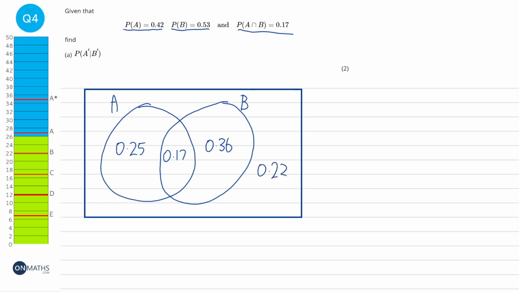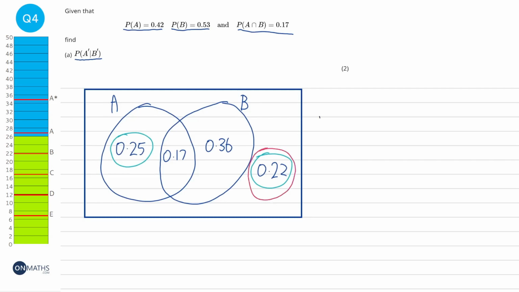So looking at what we're asked for, the probability of not A given not B. So we know that B has not been picked. So the only probabilities that are still in play are these two, the 0.25 and the 0.22, because the others are in B. We know that they cannot happen. And so we're looking for the probability of not A. Now not A is this one here.